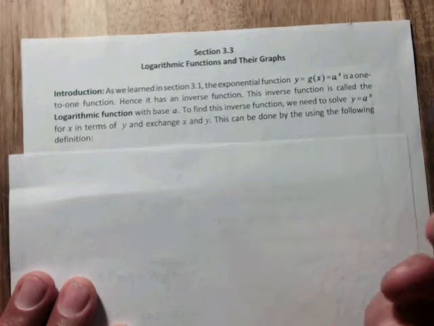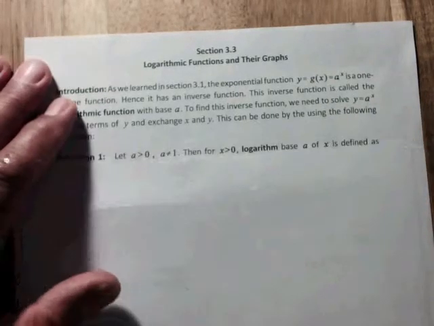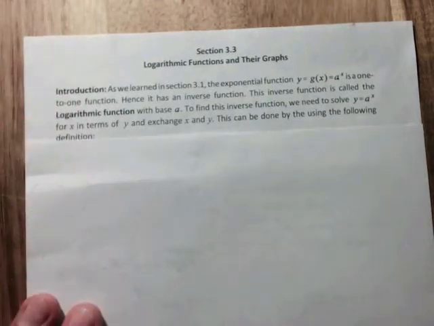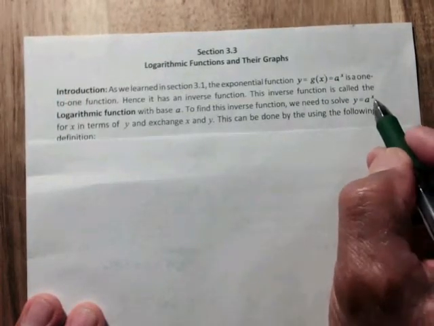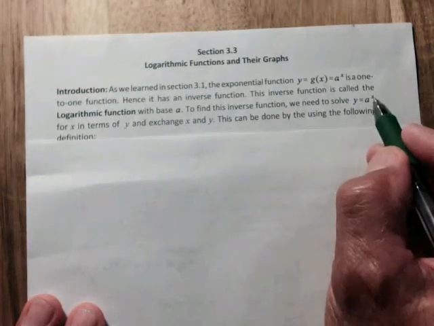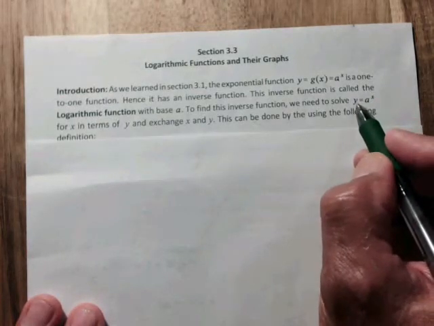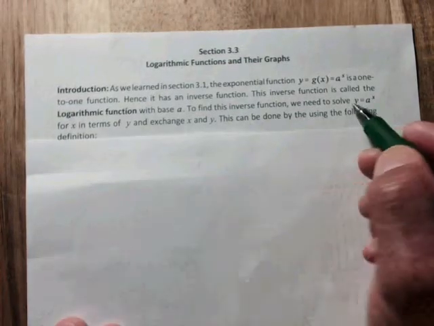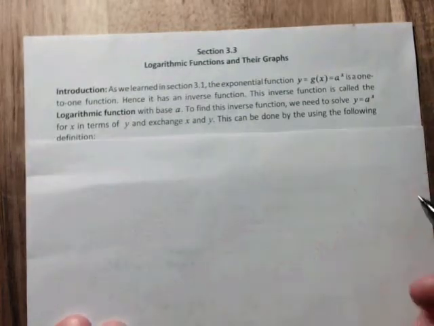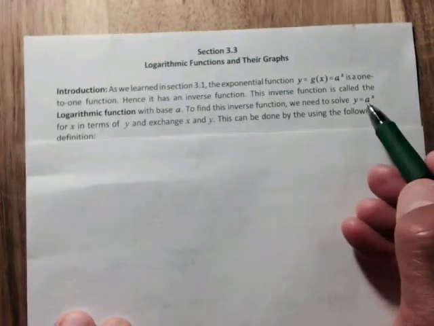This new device is the definition of logarithms that enables us to solve this equation for x in terms of y, and then later after we do that we change x to y, y to x, and then what we get is the inverse function for this exponential function.